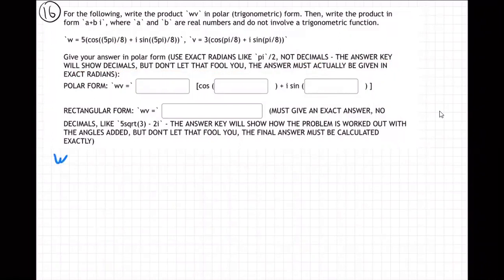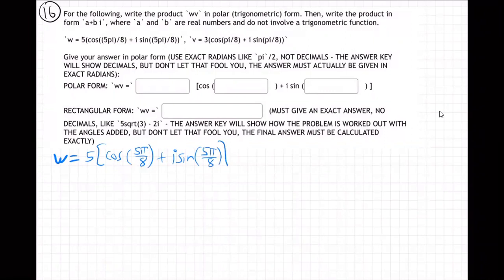Okay, so it's a lot of words there. So W comes down here, and that is 5 cosine of 5 pi over 8 plus i sine of 5 pi over 8.